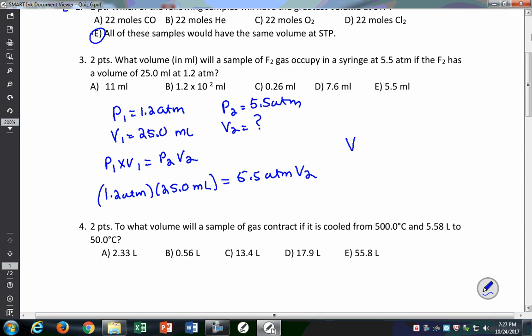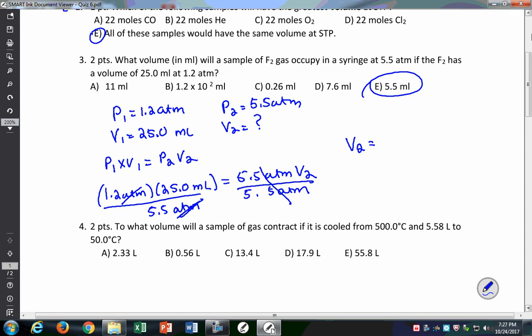So solving for V2, our answer is 5.5 milliliters. ATM cancels out, we're left with milliliters. Any problems with that one?